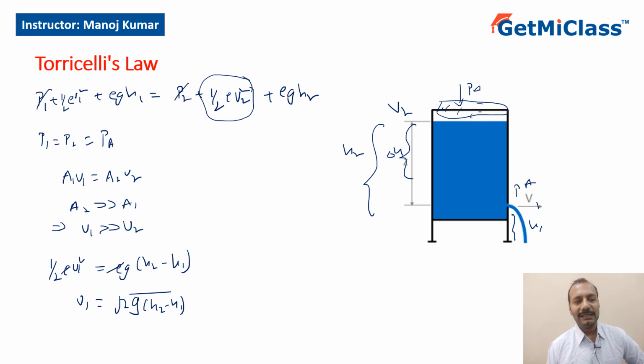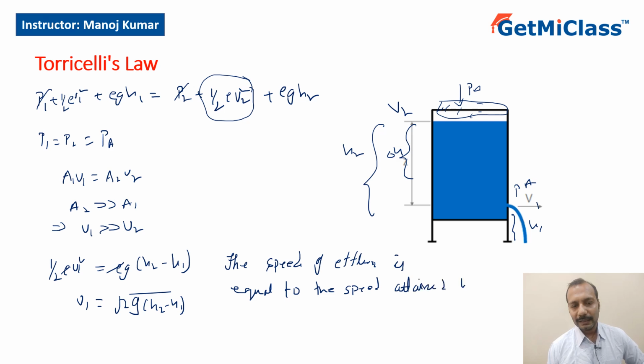So if I want to put Torricelli's law in words, I can say the speed of efflux, that is the speed with which water comes out of a small hole in a tank, is equal to the speed attained by a freely falling body dropped from a height equal to the height of the fluid column.